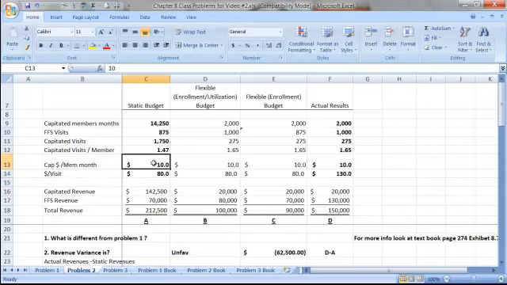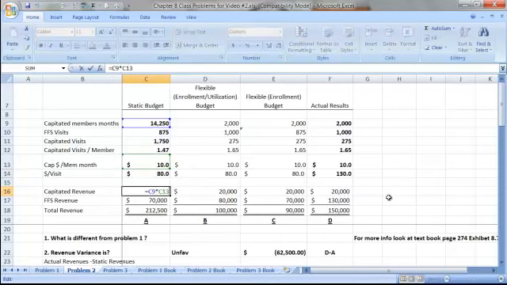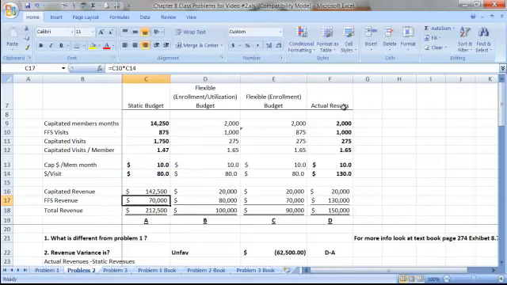So we thought we'd get that much per member month, and we'd get this per fee-for-service visit. So this cell, you can see, is my member months times my capitated dollars per member month. And this is my fee-for-service revenue, which is just the number of visits times how much I thought I would get per visit.